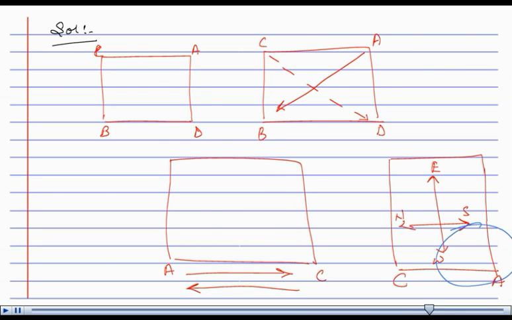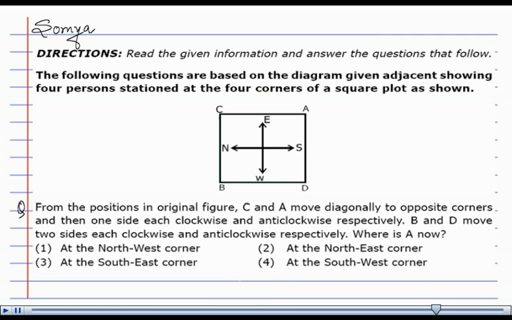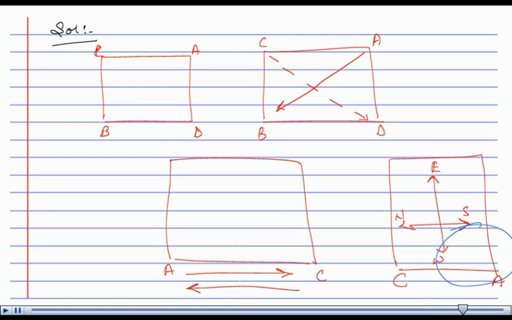So, here, let's check out the options. Option number 4 is the one at which A is positioned at the southwest corner. So, the answer is option number 4.